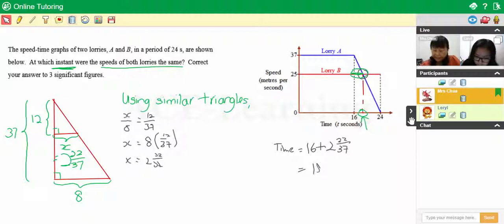Now calculate. Let's see. What's the final answer? 18.6 seconds. Yes, 18.6 seconds because you express it in 3 significant figures. Well done. So you can see, you can use similar triangles for this type of question.